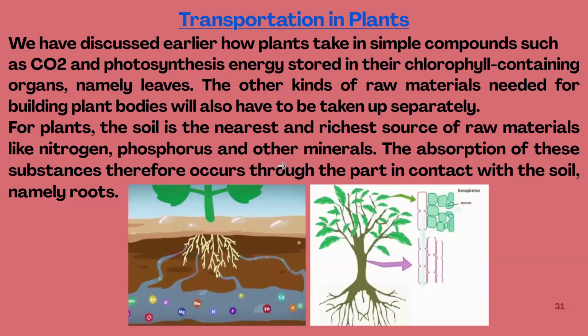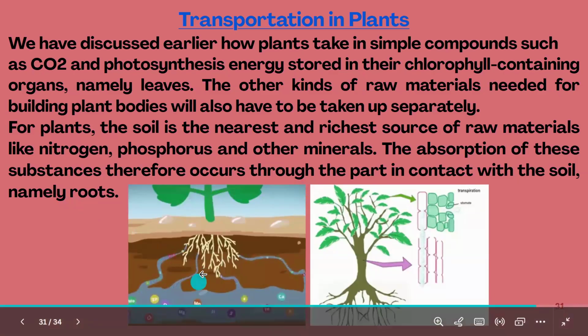Definitely, inside the water all this material will be there, and the absorption of these substances therefore occurs through the parts in contact with the soil called the roots. The roots help to absorb all the nutrients or minerals from the soil into the plant.